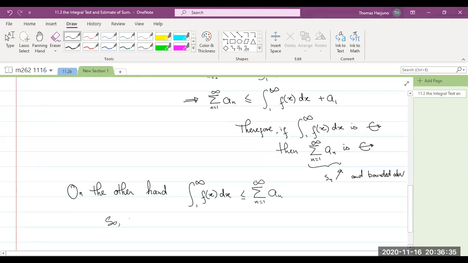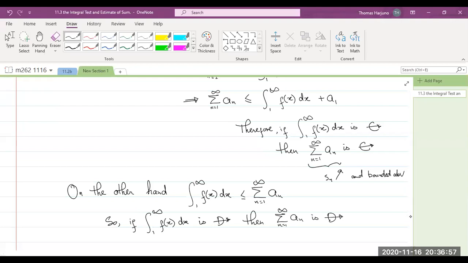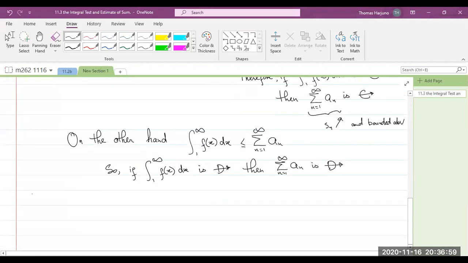So if the integral from 1 to infinity of f(x) dx is divergent, then the series is also divergent. So here's the integral test.